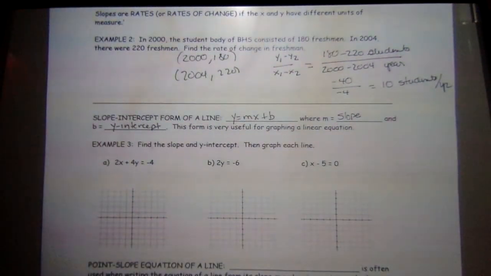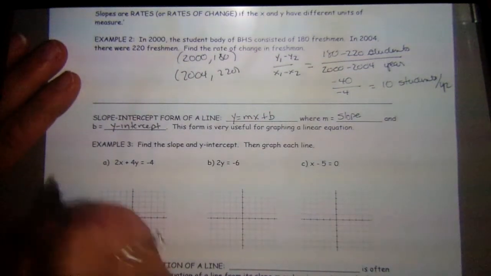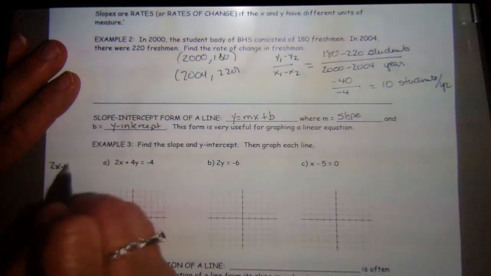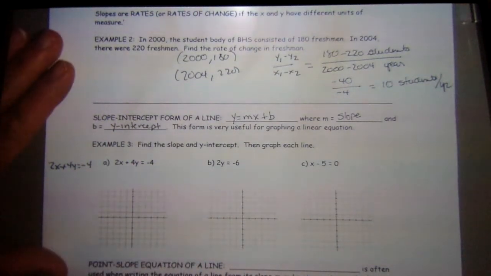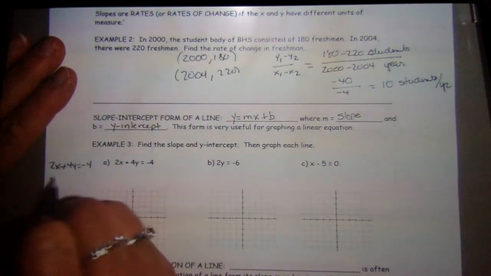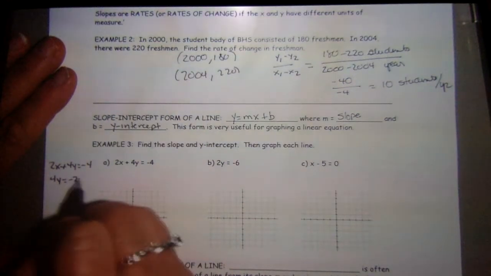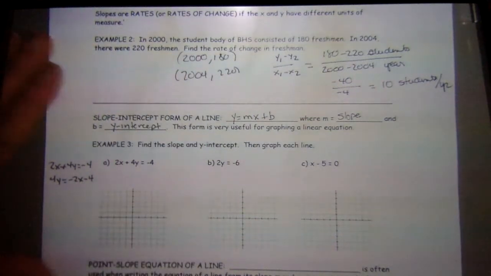First thing we want to do with 2x plus 4y equals negative 4 is what? We want to get y by itself, so we'll subtract 2x. Then what?